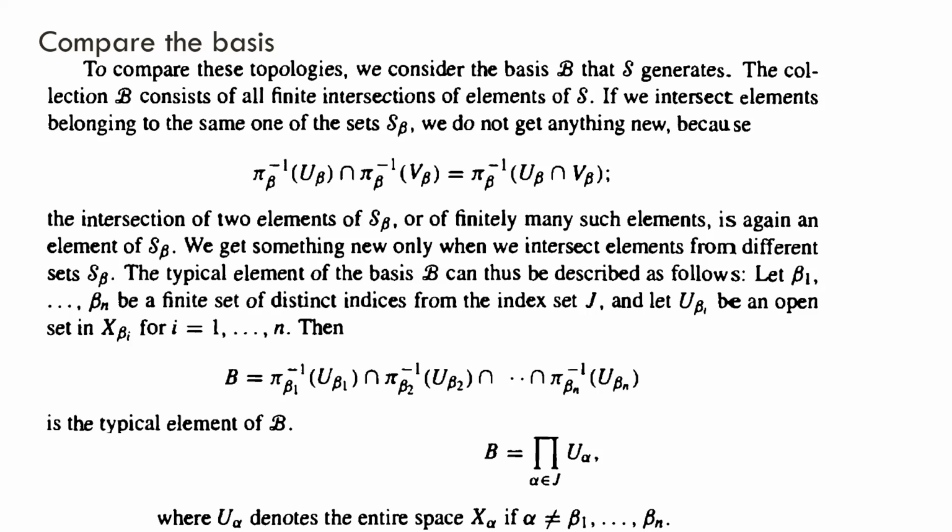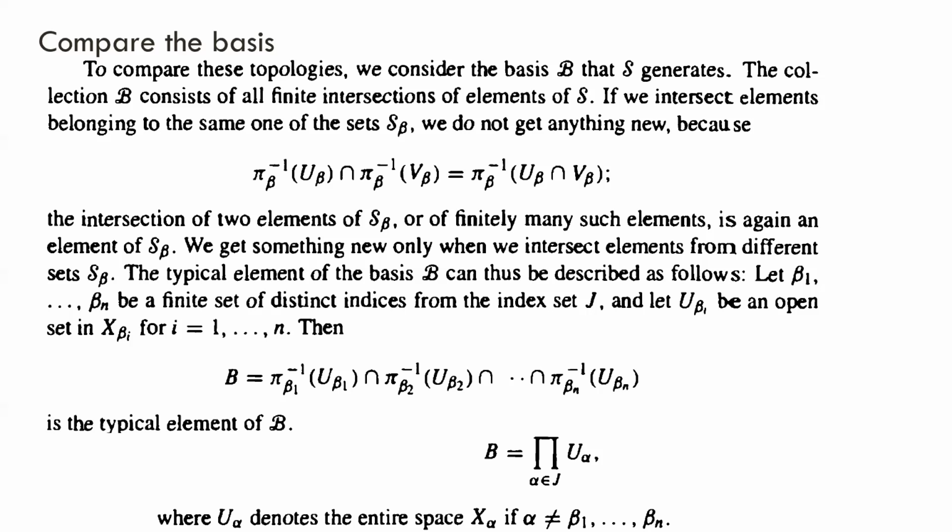What you get, one of the subbases, is (0, 1) cross R cross R cross R cross R, infinitely many R. This set you can intersect with another set, which might be R cross (0, 1) cross R cross R cross R, so the second place becomes (0, 1).